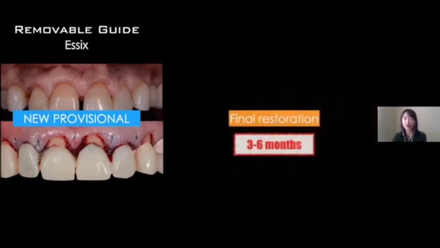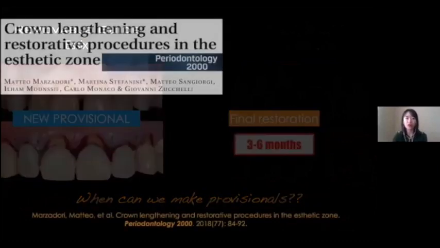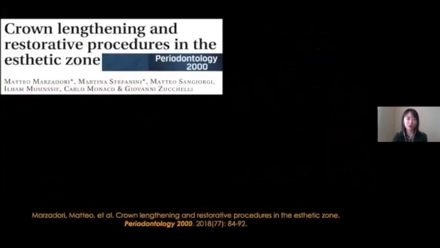And the question here is, when can we do it? Because we know for the final restoration, we better wait for 3 to 6 months. So when can we make provisionals? This is an article that I've been using as my clinical reference, and I've been following this surgical technique.